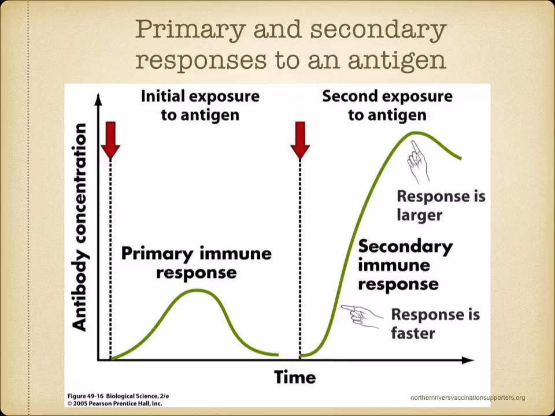So notice in this graph you've got antibody concentration on the left and time at the bottom. When a person is first infected with the antigen, the primary immune response is activated. You can see that there are a few antibodies secreted in response. Now have a look at the secondary immune response with the same antigen that infects the body later.